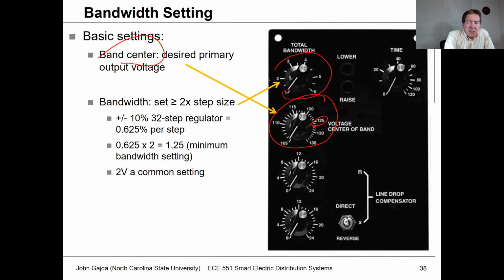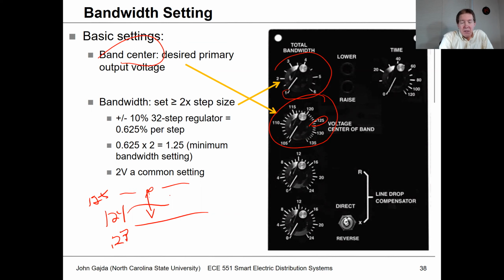And so if my setting was 124, and if I had a bandwidth of 2 volts, then basically if the voltage goes above 125 or goes below 123, I'm going to adjust the tap to get that voltage back within that bandwidth.